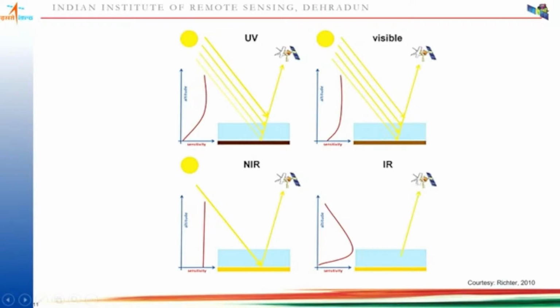So the radiation sensed at the satellite level will have components coming from different layers. Depending on the mathematical formula, the ranges and the vertical resolution, we can calculate the composition of species from each layer. That is the profiling of it.